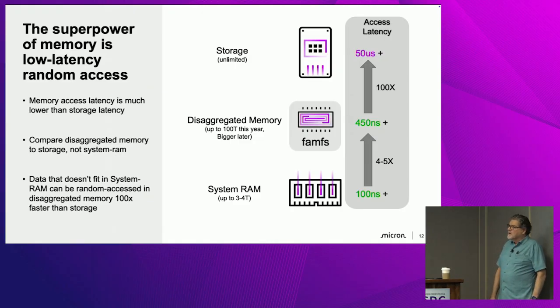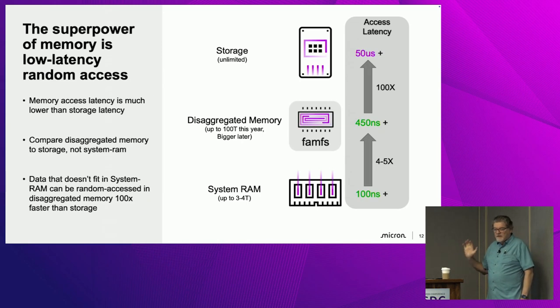But if my workload is really random, and by random I mean non-prefetchable, now look at these latencies. System RAM, unloaded, latency is 100 nanoseconds. Switched, and this is a measured number, the disaggregated memory, I've got a 4-server cluster in the lab with 5.5 terabytes right now that we're playing with.